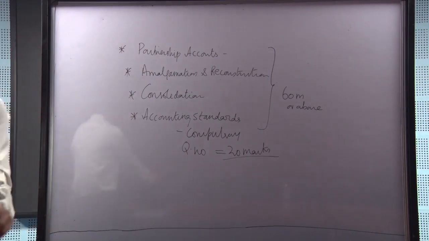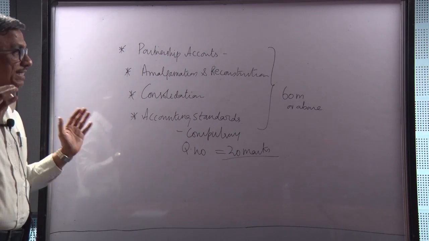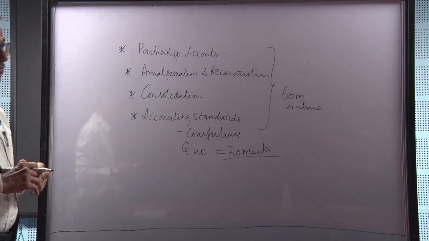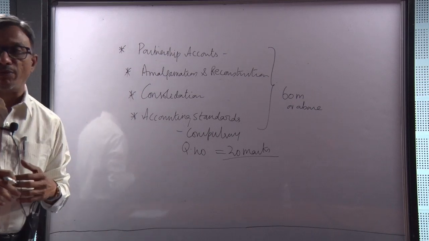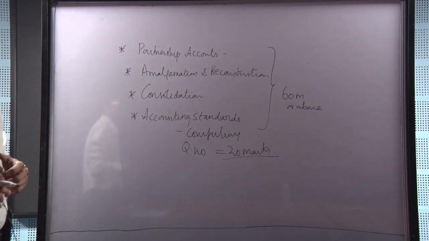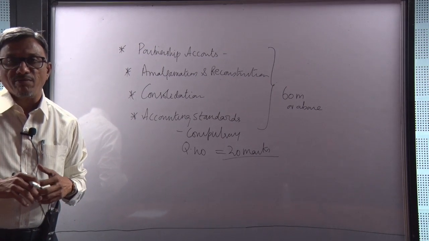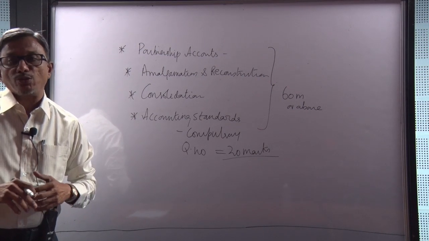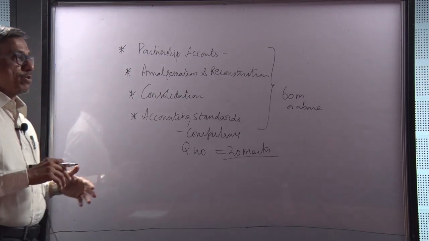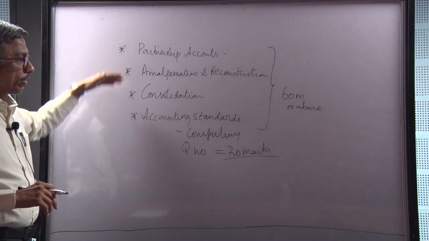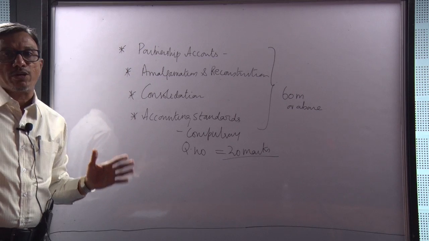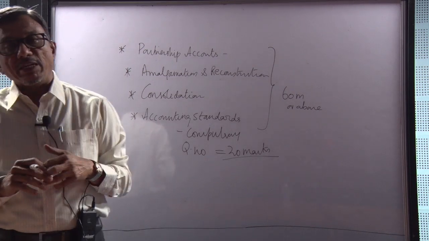So therefore, I am going to focus on these areas mainly. We'll spend a lot of time on these particular chapters. And afterwards, as per the time available, we will be doing other chapters also. So I may not do these chapters in this order necessarily, but these are the important chapters. I am sure everybody is aware of this.